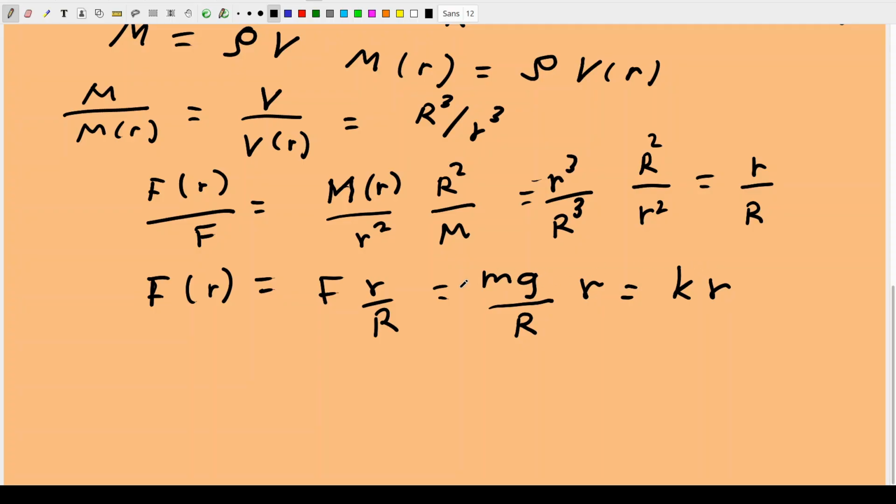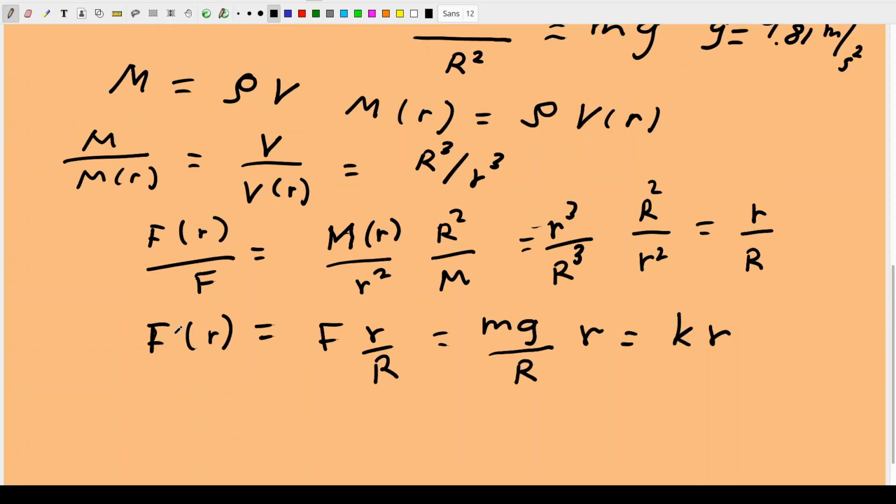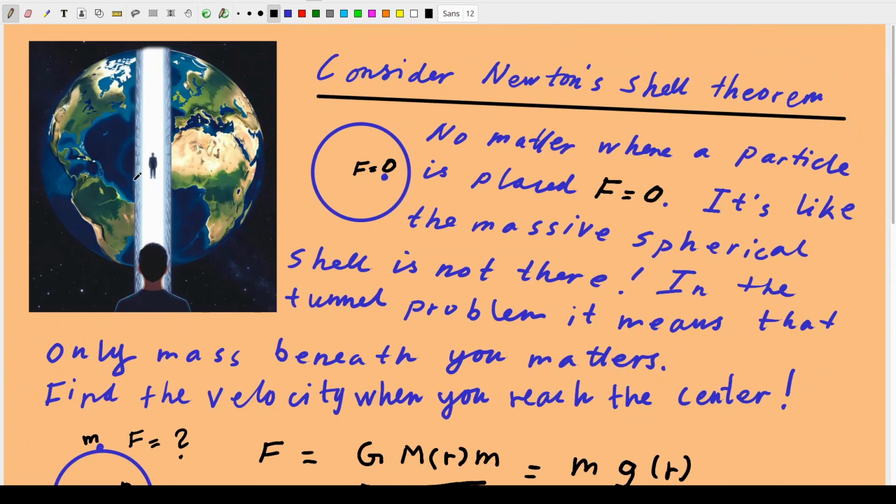But actually, if you look at the force here, if you think about a coordinate system here in the center, and axis r, like that, then we realize that the force is always in the opposite direction, wherever you are.